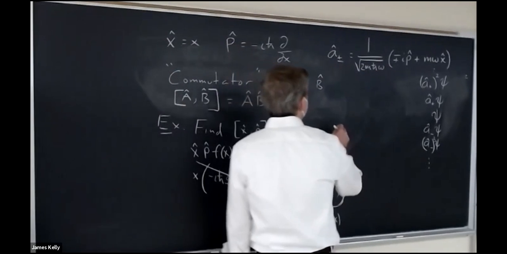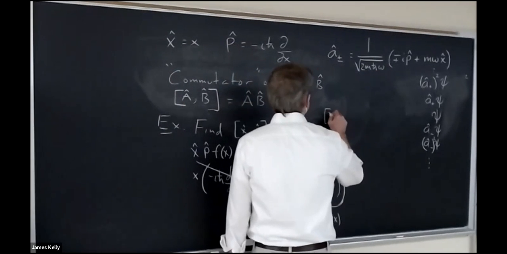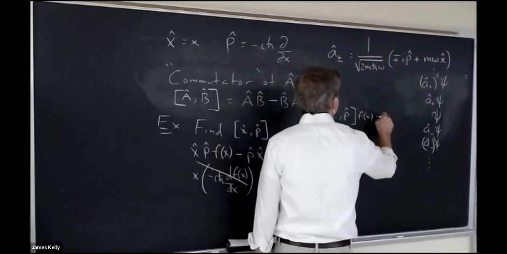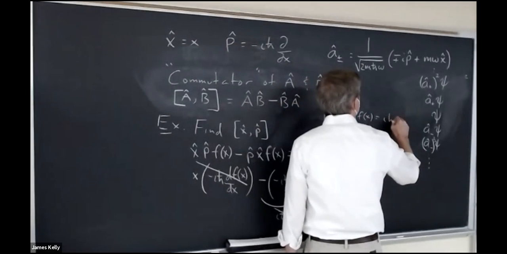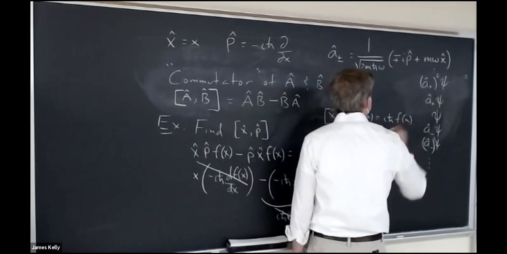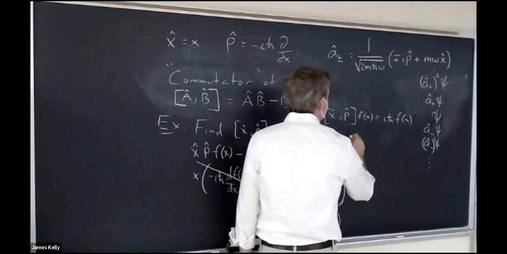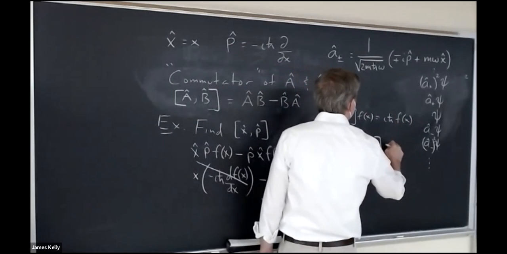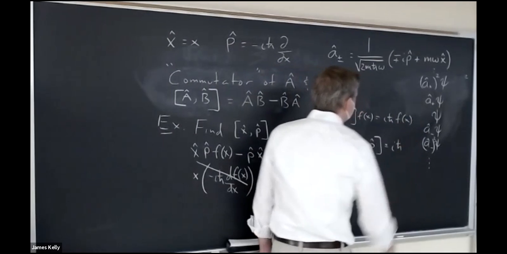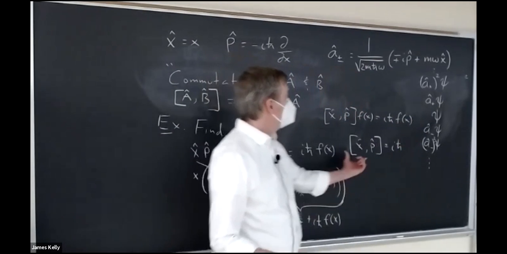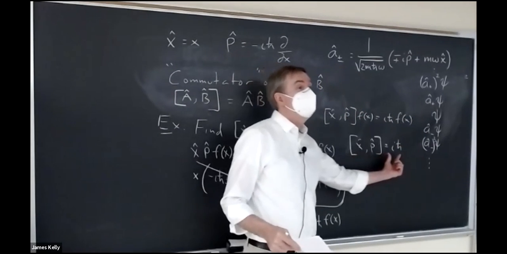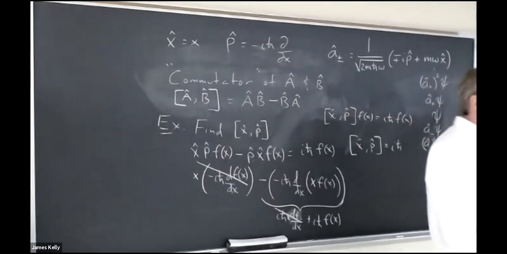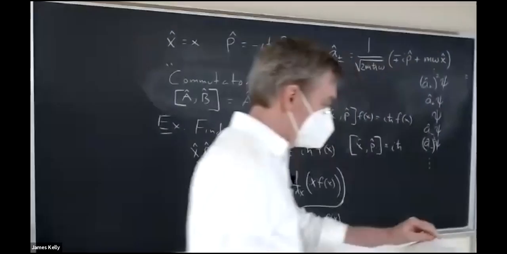So what we found is that x hat p hat operating on f of x is equal to i h bar operating on f of x, and therefore we conclude that the commutator between x and p is equal to just a constant i h bar. Again, it's an operator. An operator being a constant means you just multiply whatever follows by that constant number, i h bar in this case.